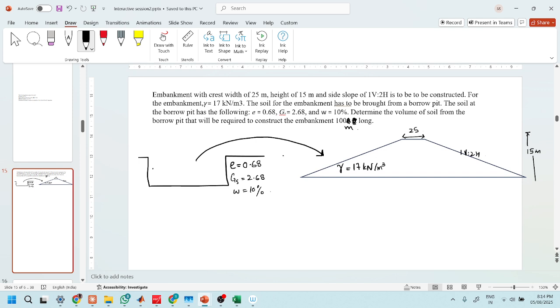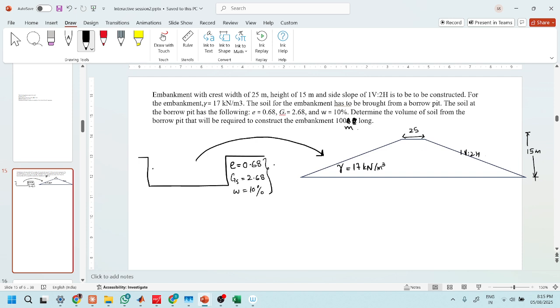The first thing that we want to see here is that these are the natural properties of the soil. It is how it is found in nature. There was a site which had a soil with a certain void ratio. Then we excavated the soil and we constructed an embankment. Now we can have a distinct void ratio.